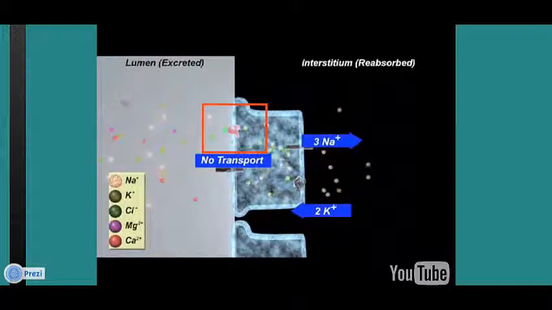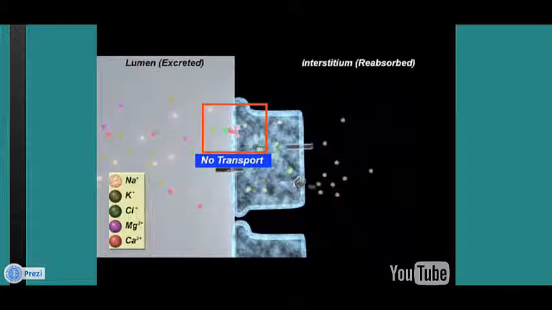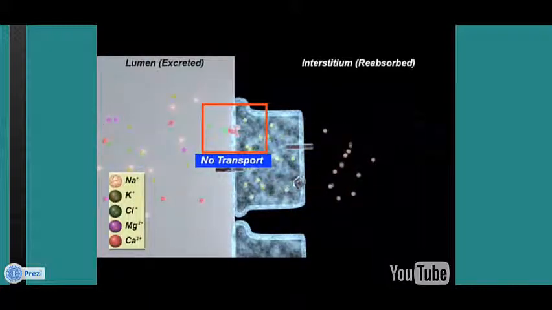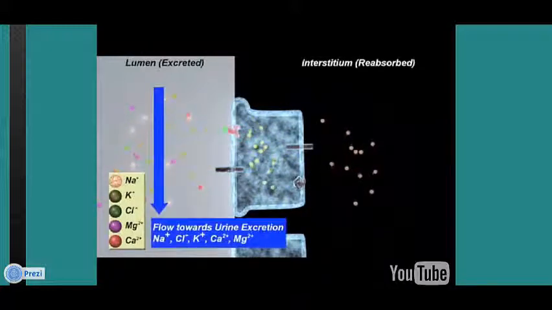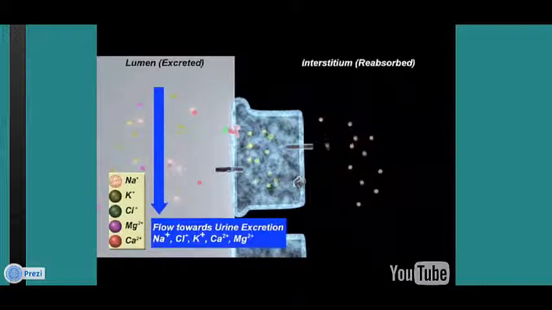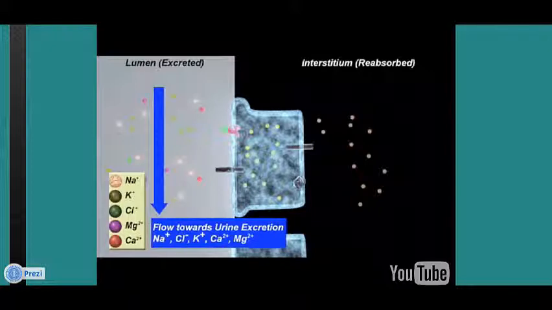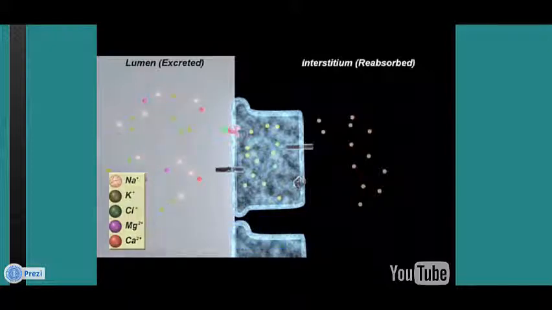But the sodium deficit cannot be replaced by the sodium from the lumen. This blocks the overall reabsorption of sodium from this site in the nephron. The net result is greater excretion of sodium, chloride, potassium, calcium, and magnesium in the presence of the loop diuretics.